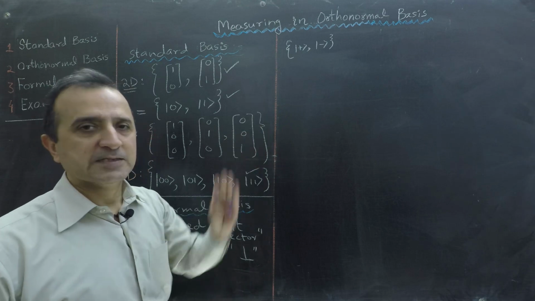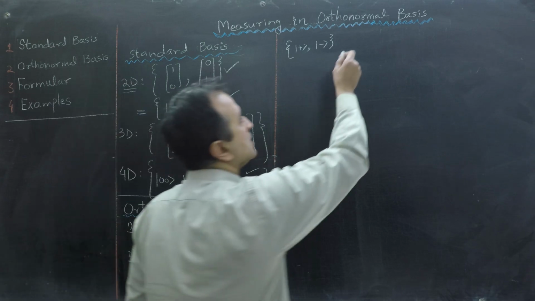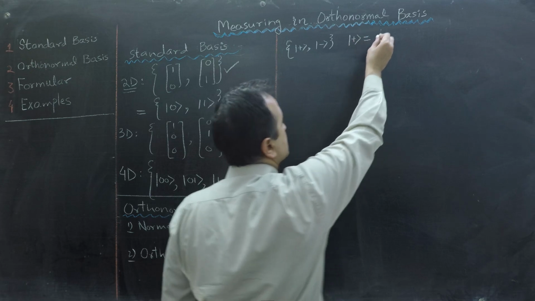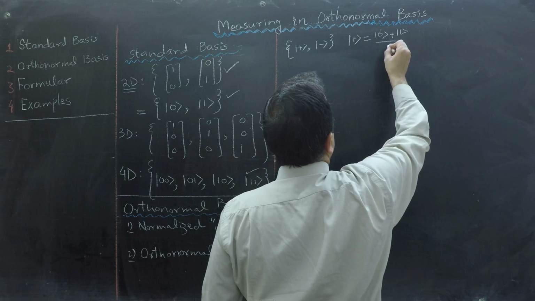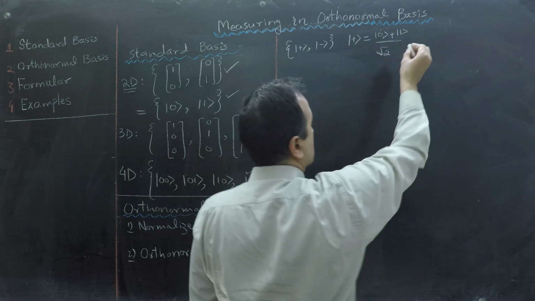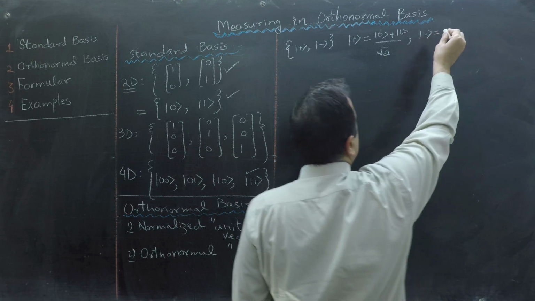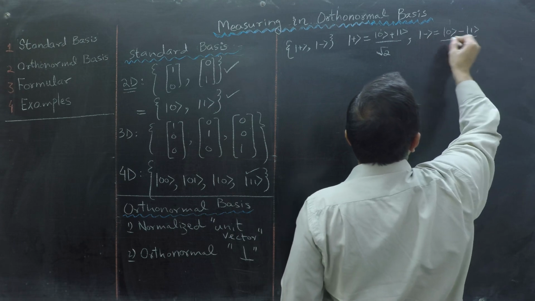We refer to this basis as the Hadamard basis. Anyway, ket plus is defined as ket 0 plus ket 1 divided by square root of 2, and ket minus is defined as ket 0 minus ket 1 divided by square root of 2.